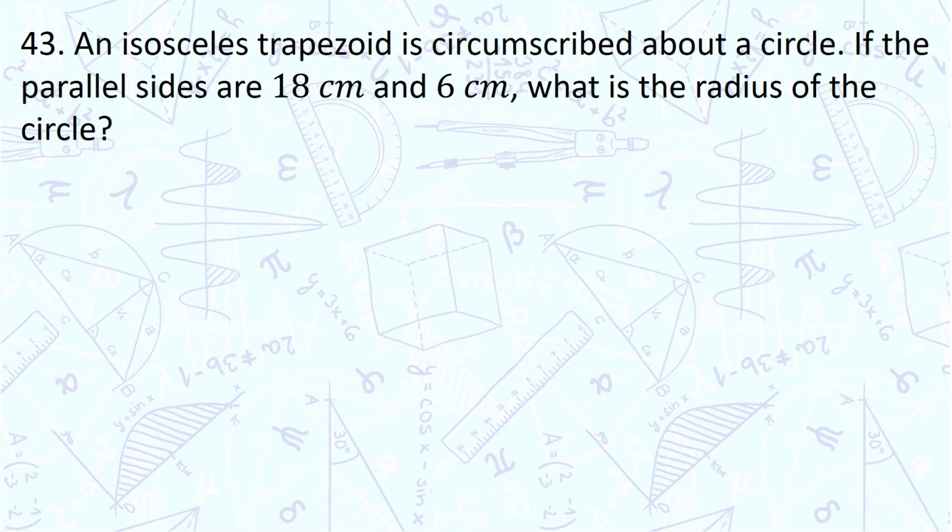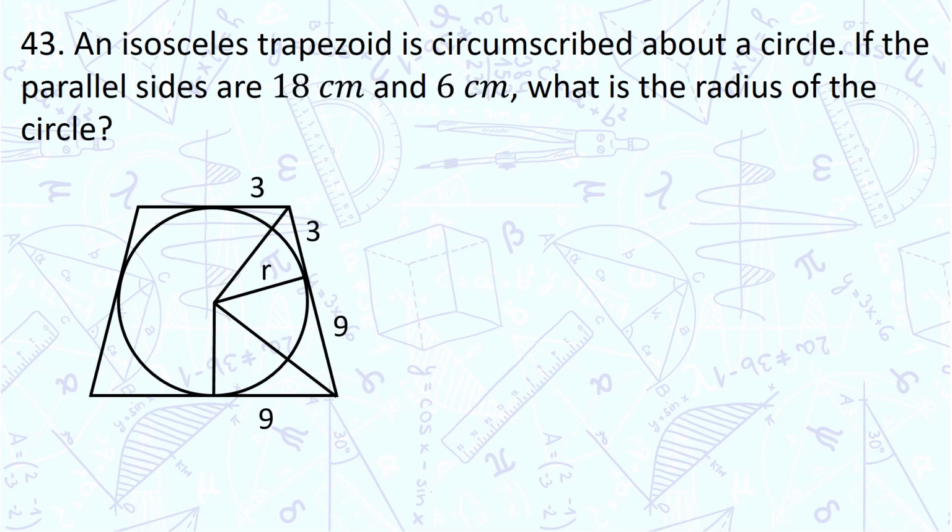43. An isosceles trapezoid is circumscribed about a circle. If the parallel sides are 18 centimeters and 6 centimeters, what is the radius of the circle? Let us have the figure for this problem. So we have an isosceles trapezoid circumscribed about a circle.